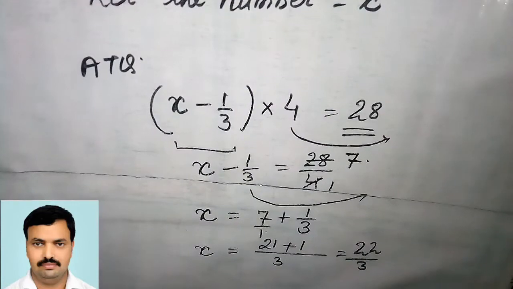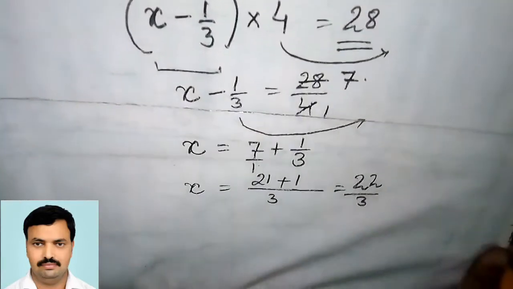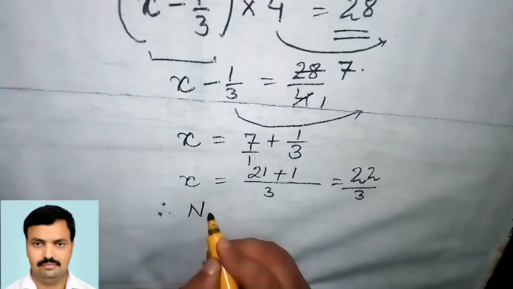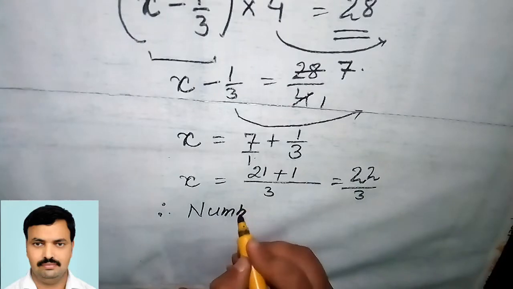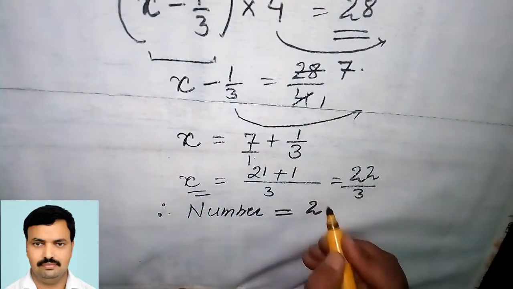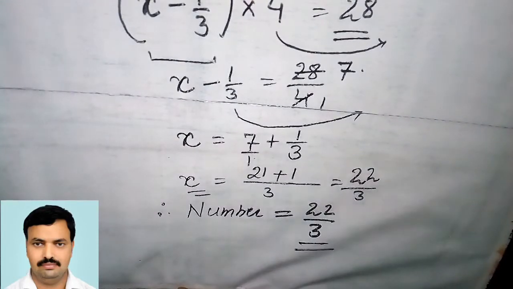Hence the number will be equal to 22 upon 3. So in the end of the question you can write that the number equals 22 upon 3, because we supposed it equal to x and the value of x is 22 upon 3, which is your required solution.